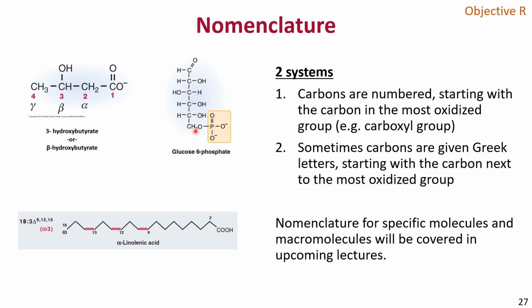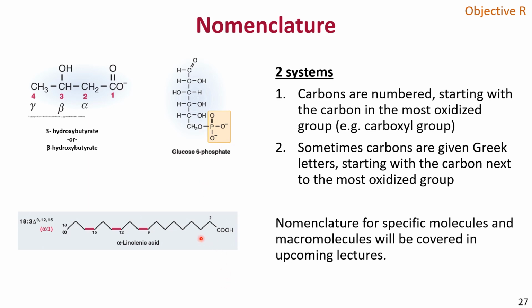And here, of course, that's just a C double bond O. So obviously the aldehyde is going to be the most oxidized, carbon number 1, 2, 3, 4, 5, 6. And because there's a phosphate group on carbon number 6, we call this glucose 6-phosphate. Now, how did you know it was glucose and not fructose or galactose or xylose? We'll talk about that when we do the carbohydrate lecture.